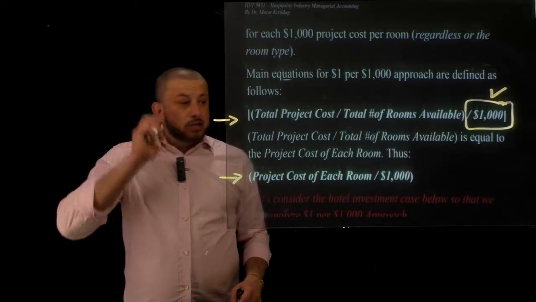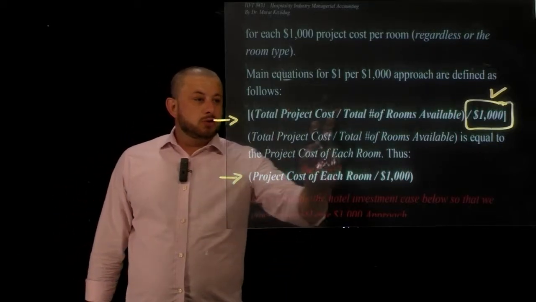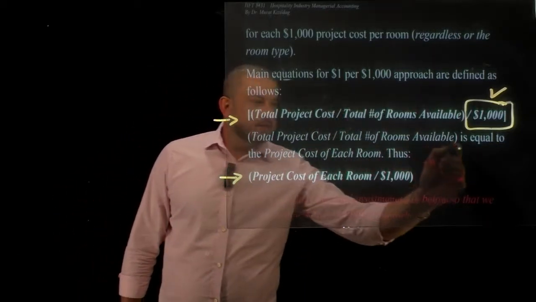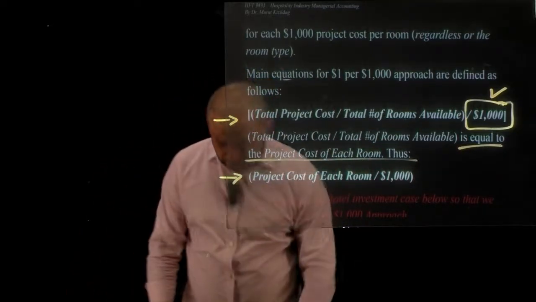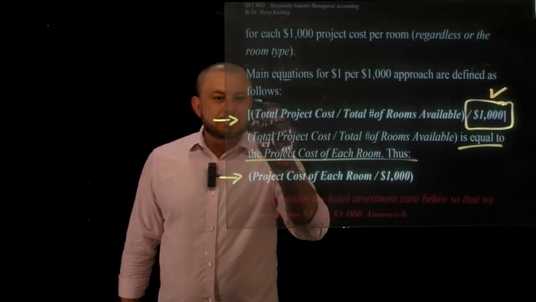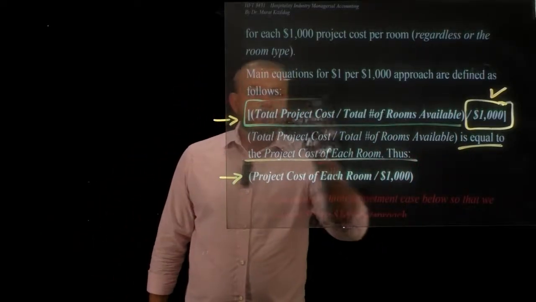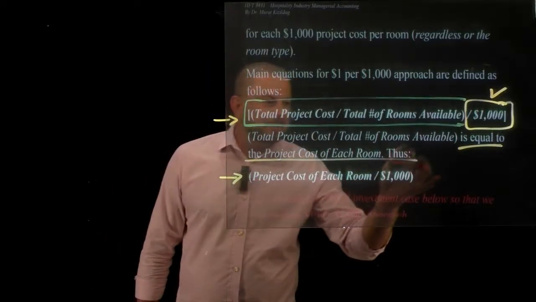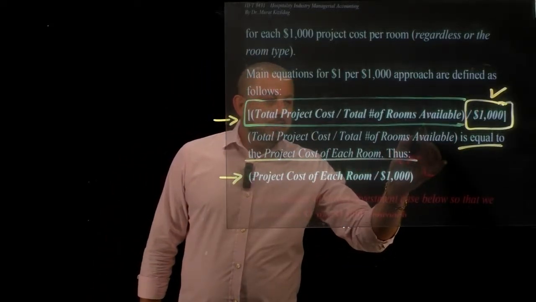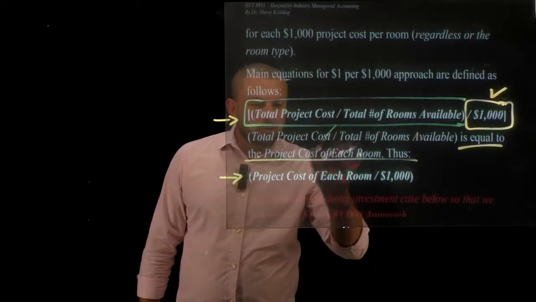All right, guys. So total project cost over total number of rooms available is equal to the project cost of each room. Let me just use a different color. This part right here, it's a little squeaky, I'm sorry about the markers. This part right here is equal to project cost of each room.